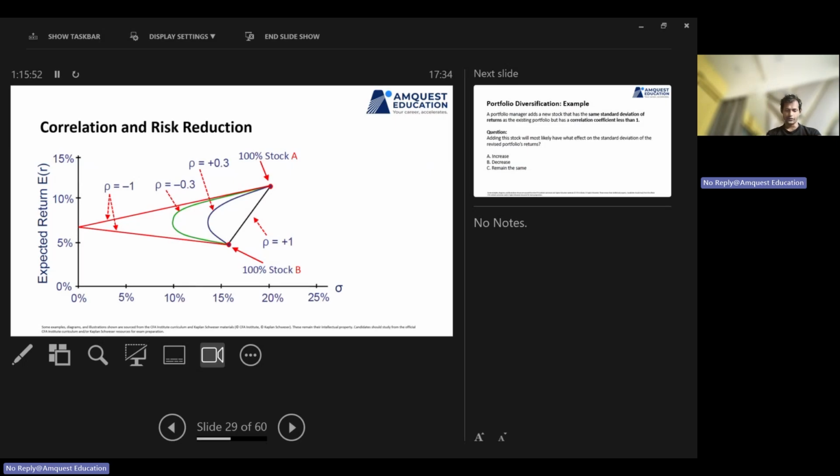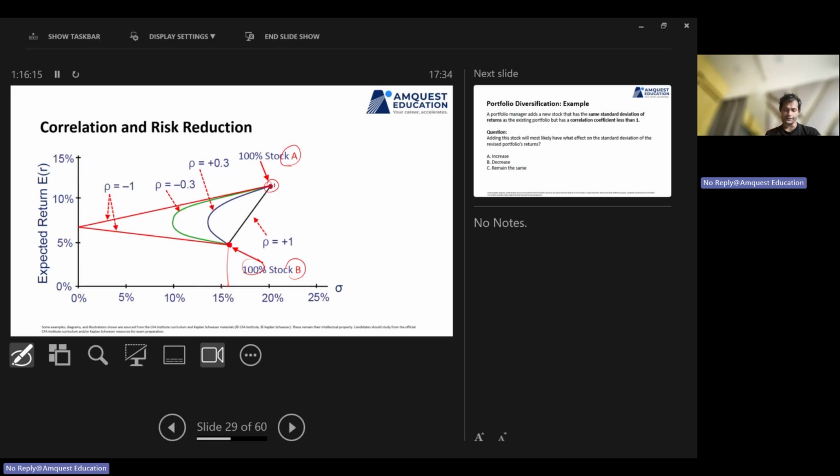Okay. So do remember, the stronger the correlation, right, the more diversified the assets will be. Example, if I see, let's say stock A and stock B, right? If I put all my money in stock A, this will be my return. If I put all my money in stock B, this is my return.